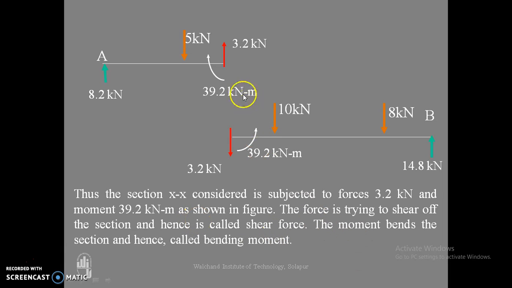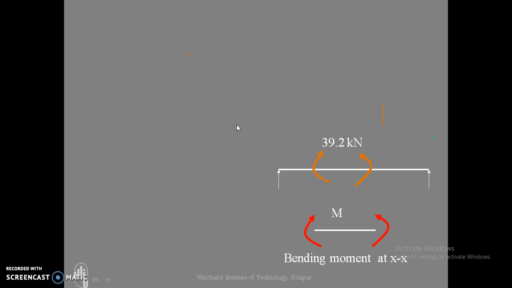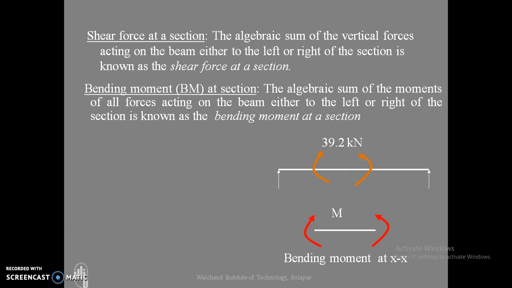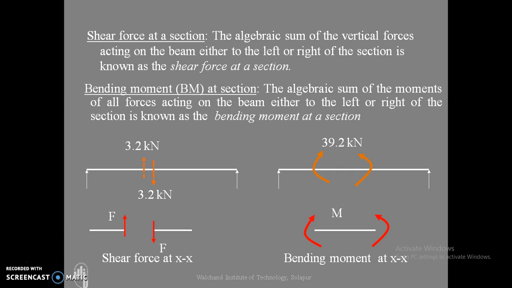Now this unbalanced force is trying to shear off the section and hence is called shear force, and the moment present at that section will try to bend the section, therefore it is called bending moment. So we can define shear force at a section as the algebraic sum of the vertical forces acting on the beam either to the left or right of the section.